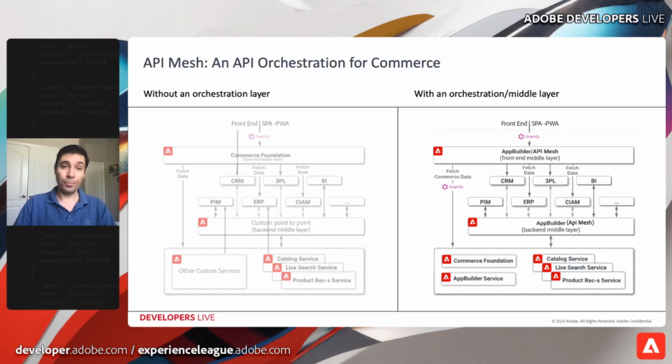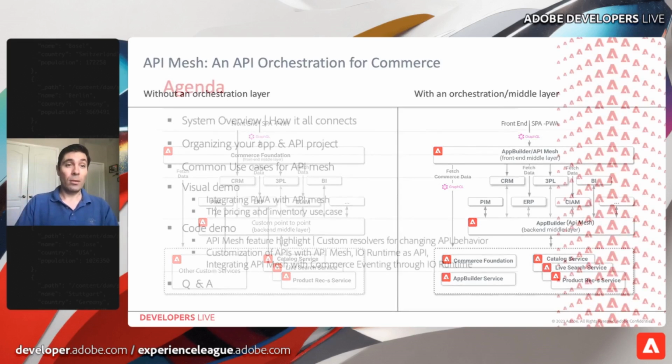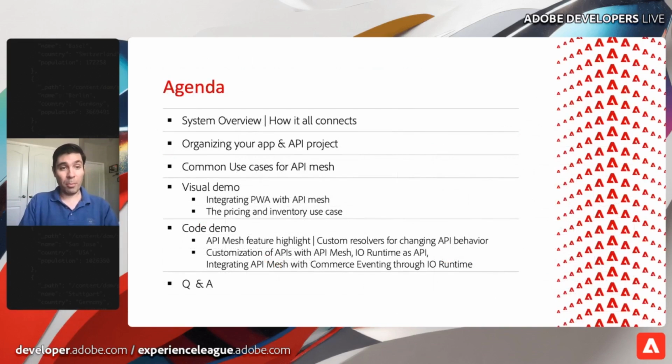All right, today's agenda is simple. I'm going to show you how to organize your application in Developer Console and make use of App Builder. Probably you have seen this before. I'm going to show you exactly where to find API Mesh in case you didn't find it.